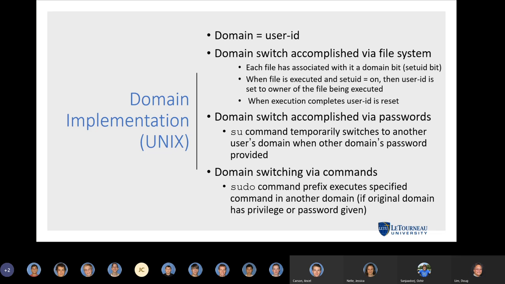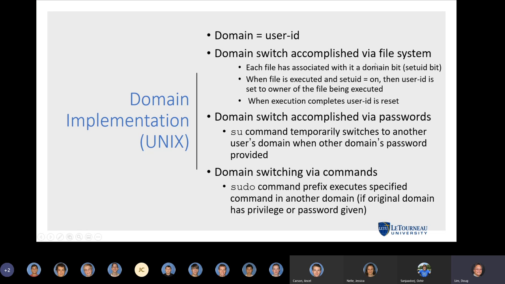So one implementation is that of Unix and Linux. So the domain is the user ID. They're one and the same. A domain associated with the user ID in Linux and Unix. The domain switch is accomplished via the file system.